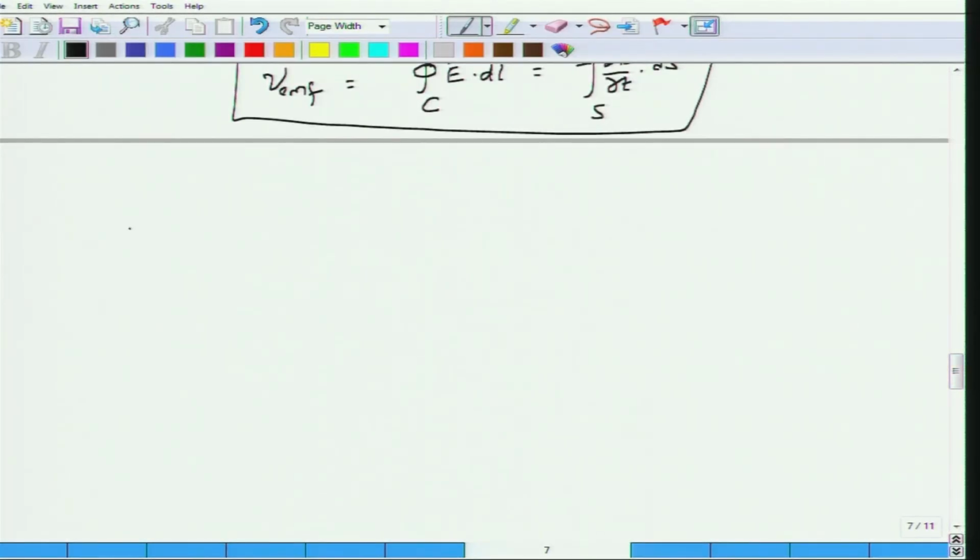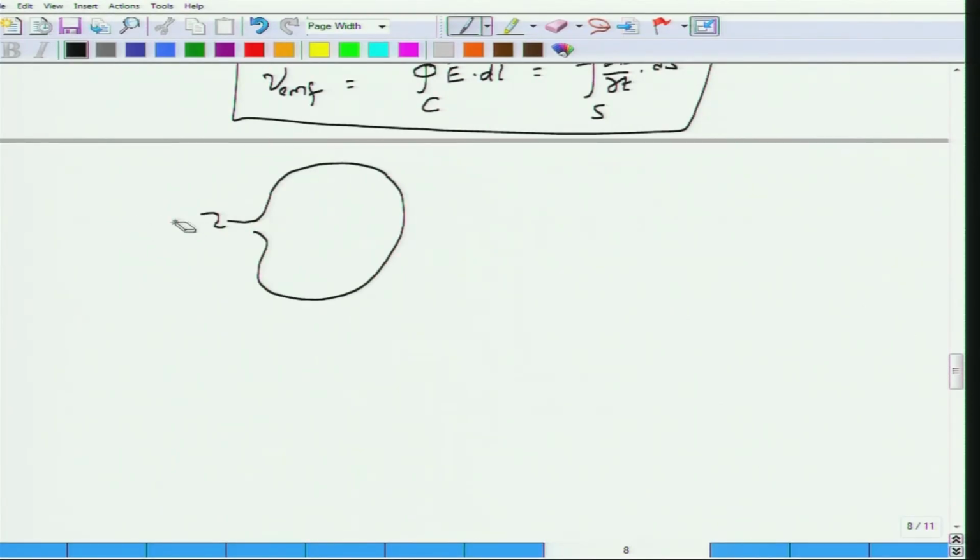As a simple example, first let us consider the case of a loop. Sorry, my loop is not very nicely drawn, so let me just draw the loop like this.